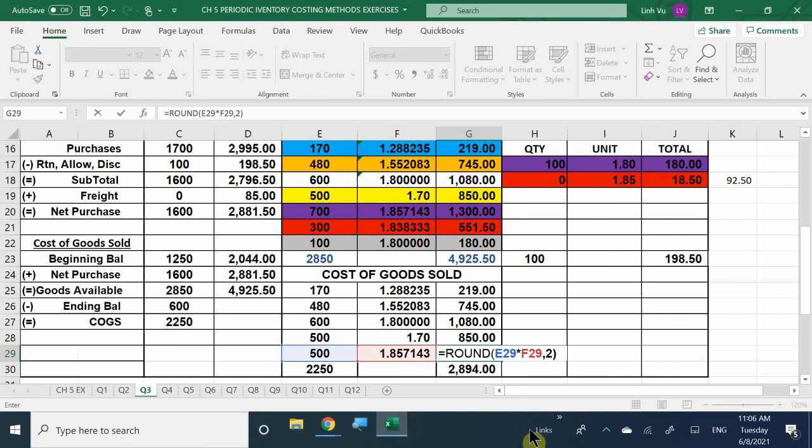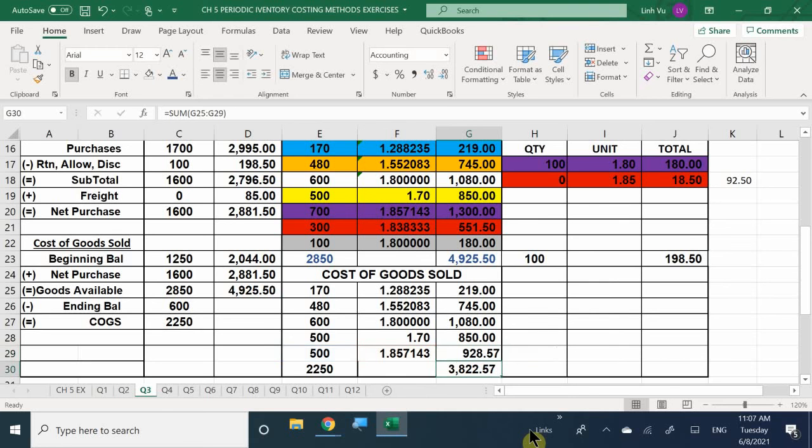So therefore, let's calculate it. What is 500 times $1.857143? $928.57.